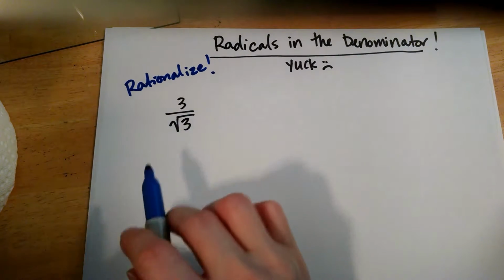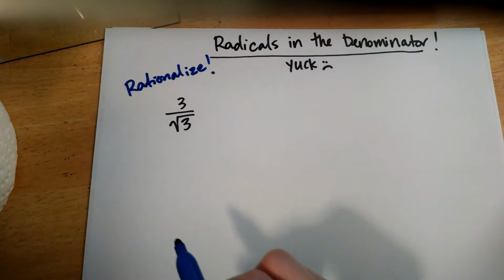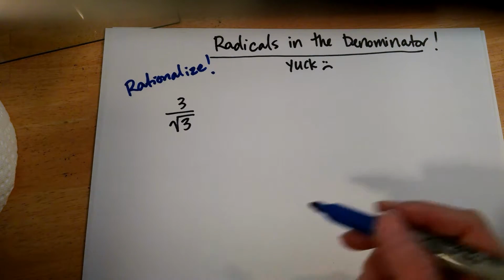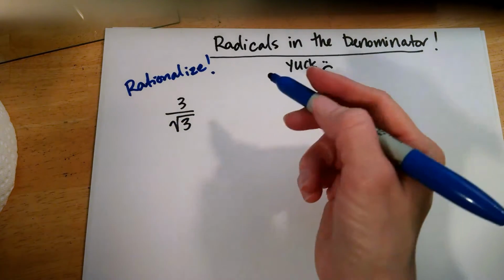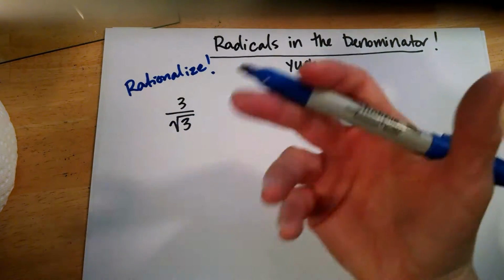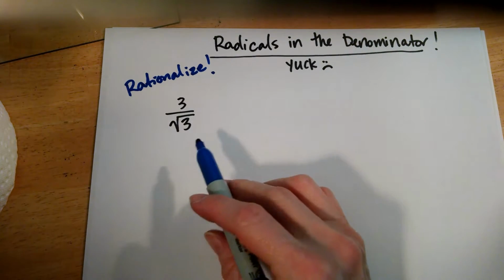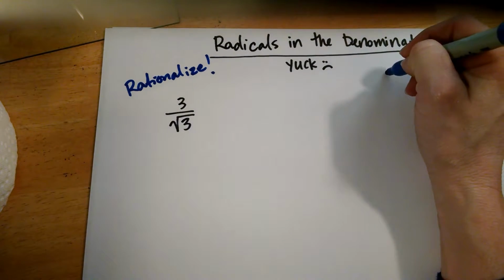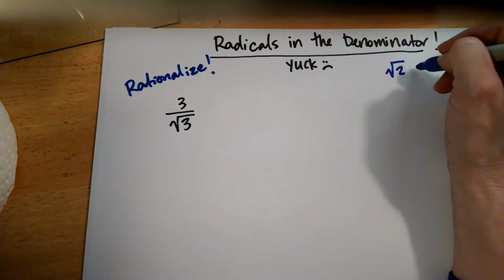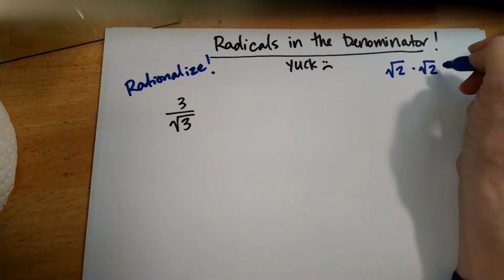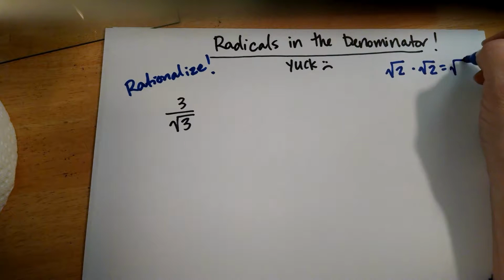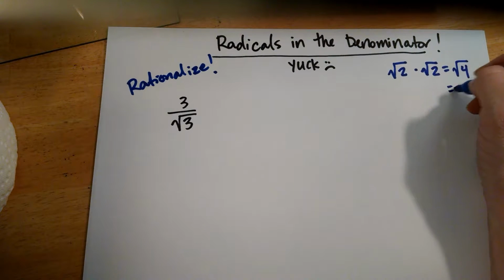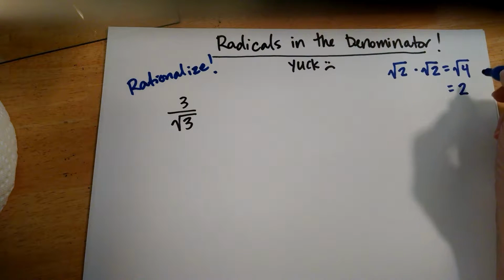We need to eliminate this radical from the denominator, so we rationalize, which means we need to multiply this radical by something that would remove the radical. So if we take a radical, like say square root of 2 times itself, we would get the square root of 2 times the square root of 2. That would be the square root of 4, right? Which would be just 2.